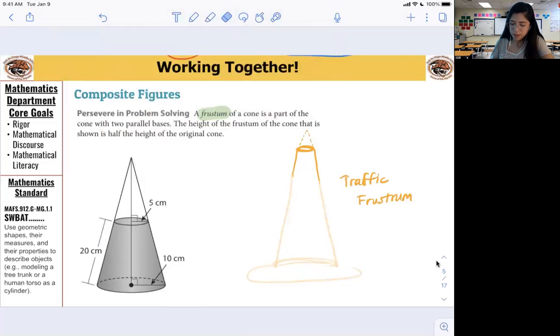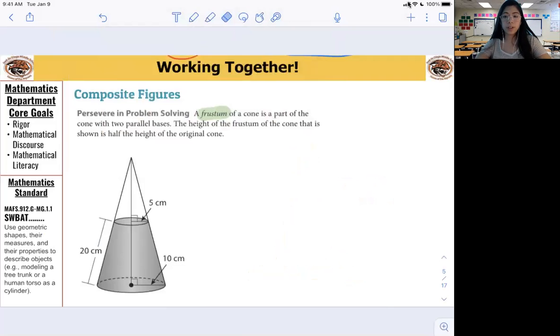Okay. So a frustrum has its own special formula. So I just wanted to bring it up and we're going to add it to our list. Let me just look it up again because I just lost it. This is one that I haven't completely memorized either, but I have it written down.